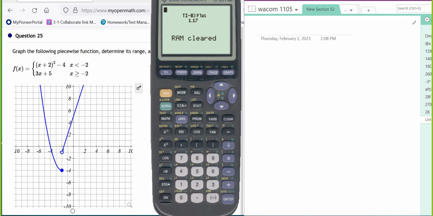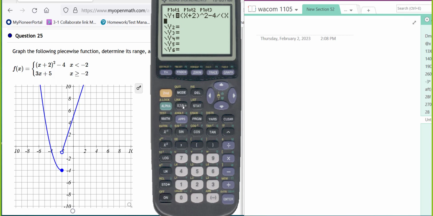Okay, so we're going to do, get my mouse back up here. No, wrong button. So y equals, we'll do parentheses, x plus 2, close parentheses, raise it to the second power, minus 4. Now we're going to put the condition that's after it. So you're going to do a divide, and you put your condition in parentheses.